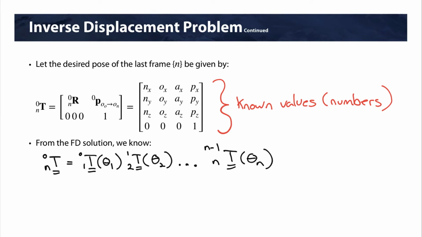So what we have is this matrix of our values, which is our known pose, and from the forward displacement solution we have a set of equations in terms of our joint variables. So we can equate these two.